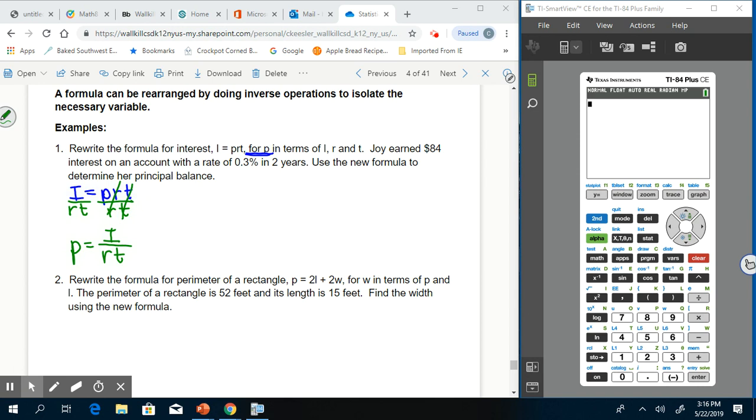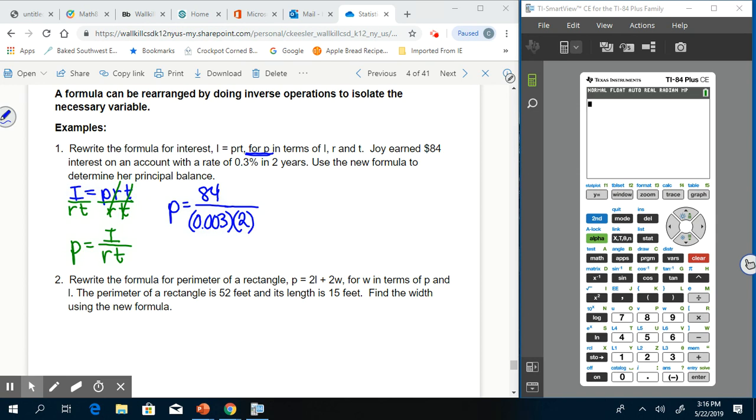Now we're going to answer the question. Joy earned $84 interest on an account with a rate of 0.3% in 2 years. Use the new formula to determine her principal balance. So we have I is the interest. She earned $84. She did that with an interest rate of 0.3%, which is 0.003, times 2 years.